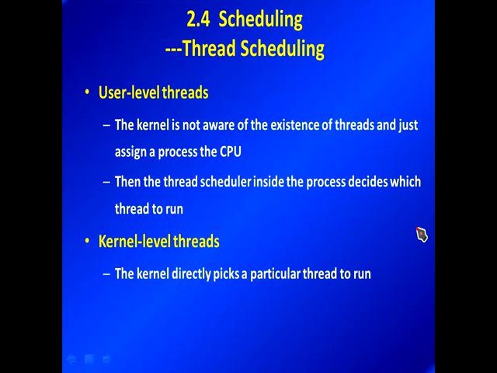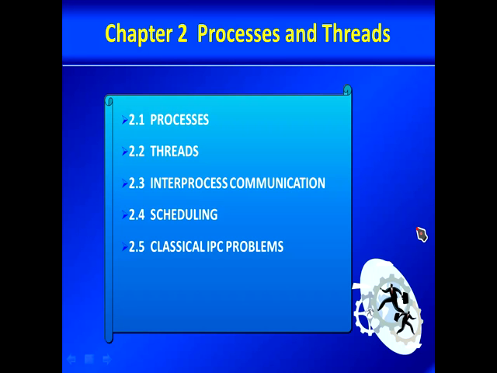Sometimes the operating system is not aware of the threads inside a process. Sometimes it knows, partially. So if you are interested in thread scheduling, you can check this part later. So that's all about the scheduling.